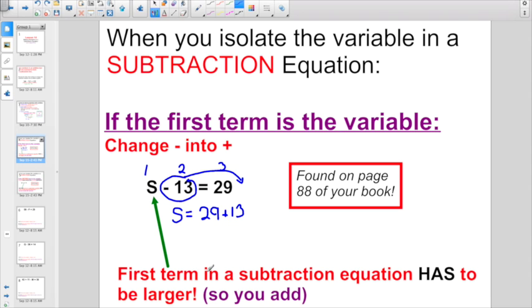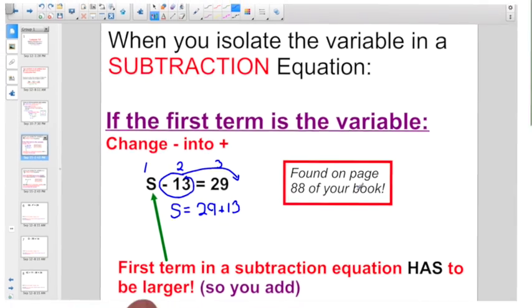The first term in a subtraction equation has to be larger, so you would add. There is no way I can have a number here equaling S that's going to be smaller than 29, right? And this is found on page 88 of your book if you need to go back during the Socrative quiz.